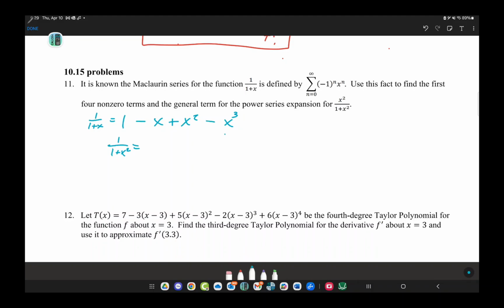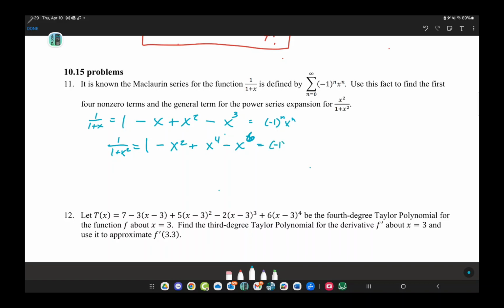All right. So what's going to happen when I replace x with x squared? You're just replacing every x with x squared. We also want the general term, and we know the general term for this was -1 to the n, x to the n.